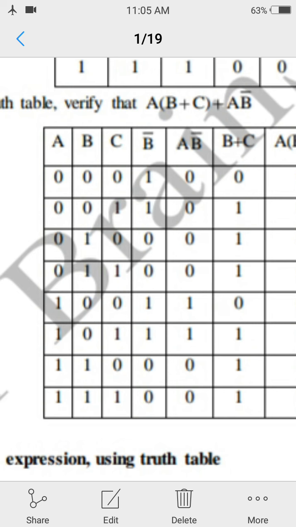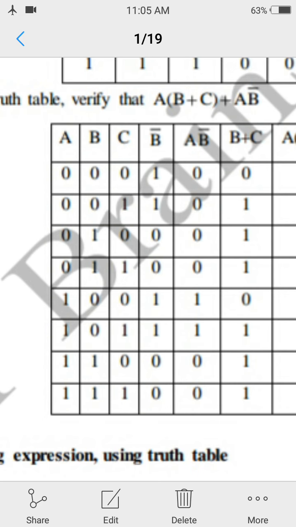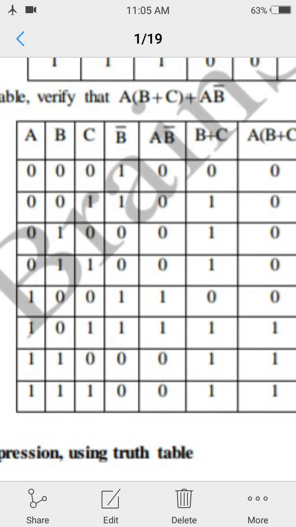So we have to evaluate this expression using Boolean algebra with a truth table.